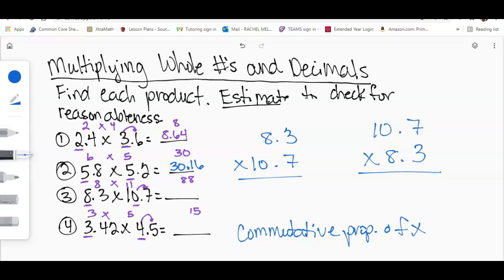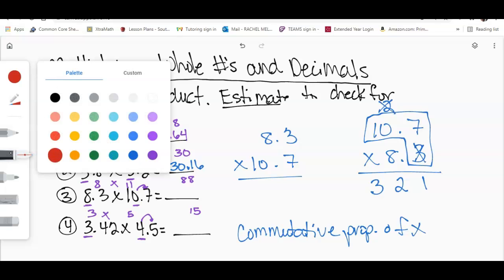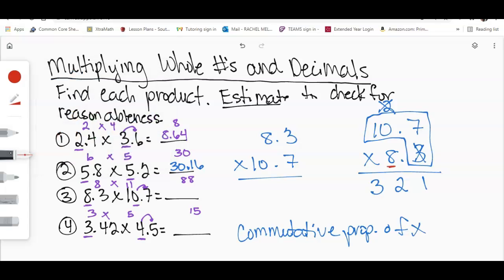Okay, so again, ones place first. So 3 times 7 is 21. 3 times 0 is 0 plus 2. 3 times 1, 3. So I can cross this off and go to my next row. Because this 8, we're considering it an 80, I put a 0.